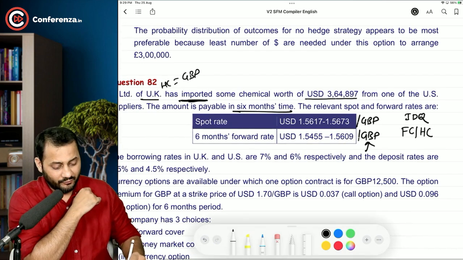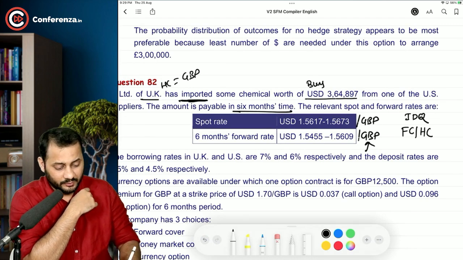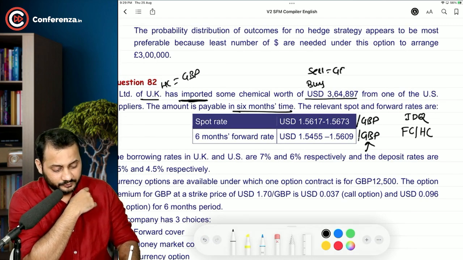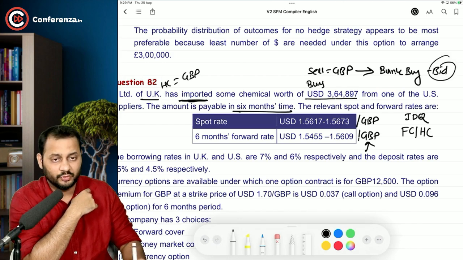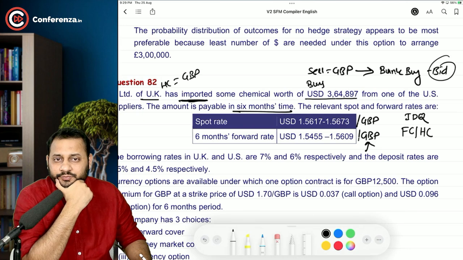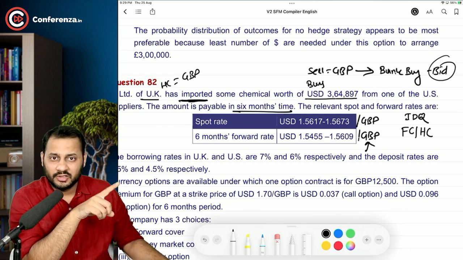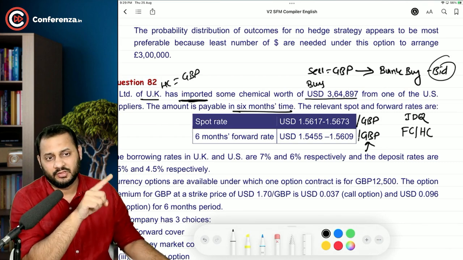Now, you want to buy USD to make the payment to the vendor. That means you will sell GBP. And if you sell GBP, bank will buy GBP. That means their bid rate will be used most of the time. Mostly, not every time. This is how you have to consider. You will be buying dollars, selling GBP. Bank will be buying GBP. And that's the bid rate.